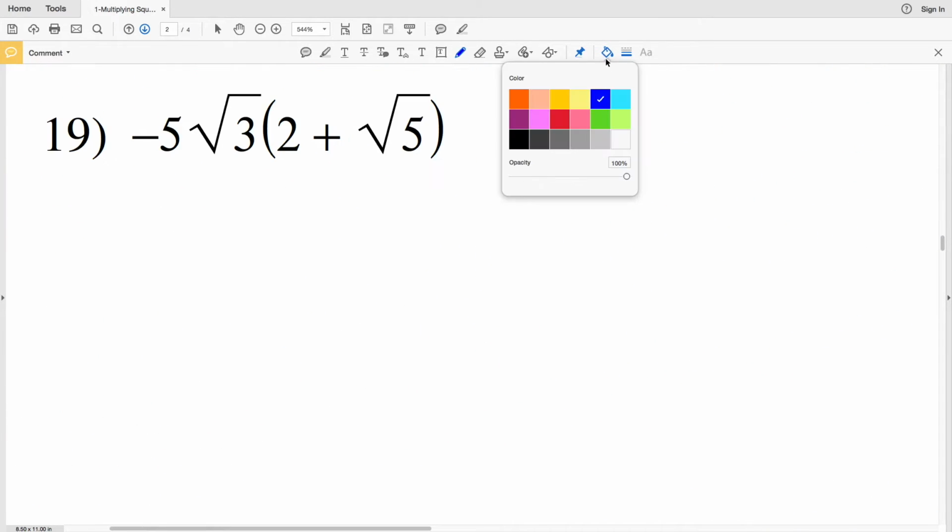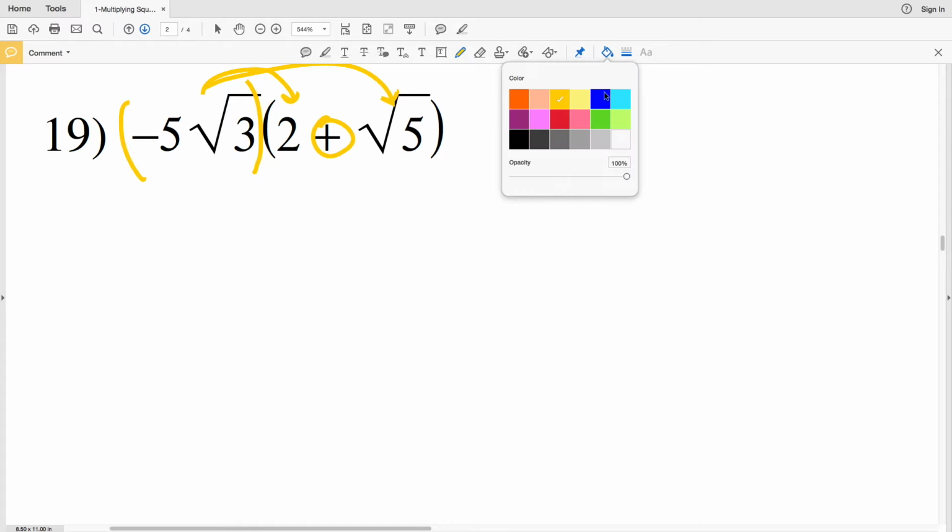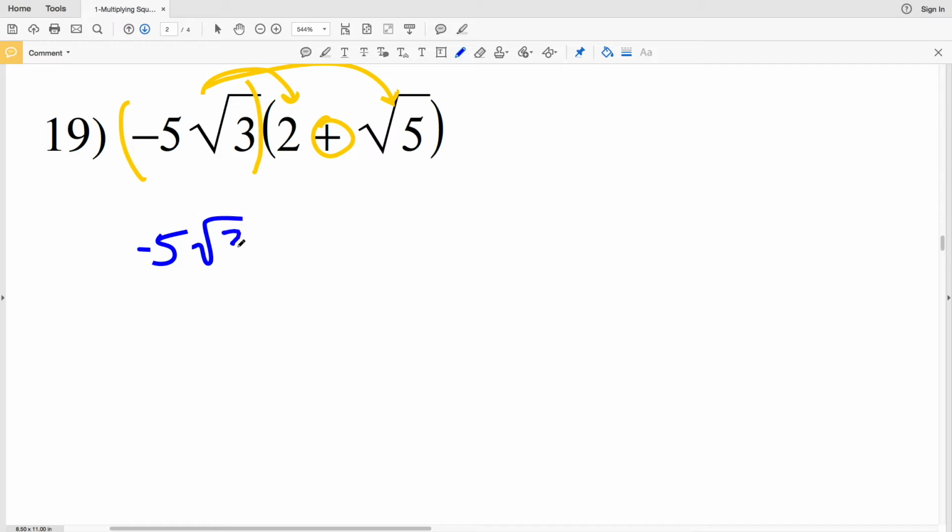And number 19, I have to distribute this entire term, negative 5 times the square root of 3. I'm going to distribute it to the 2 and to the square root of 5 with addition in between. So I have negative 5 times the square root of 3 times 2 plus negative 5 times the square root of 3 times the square root of 5.